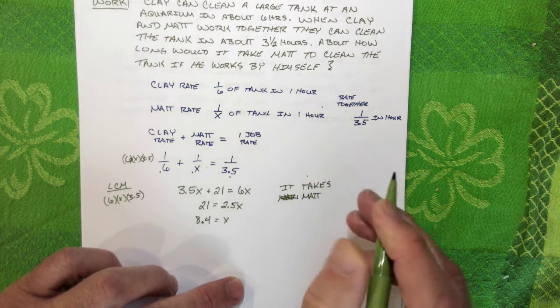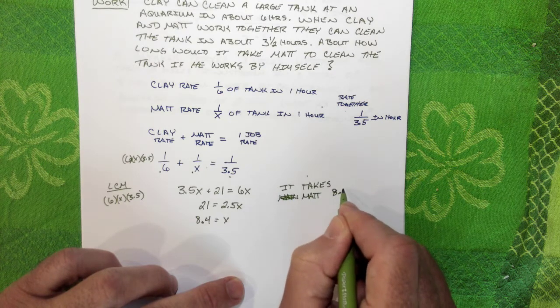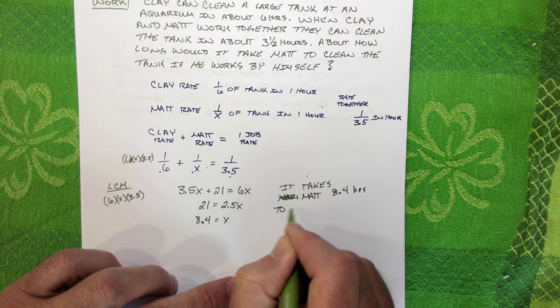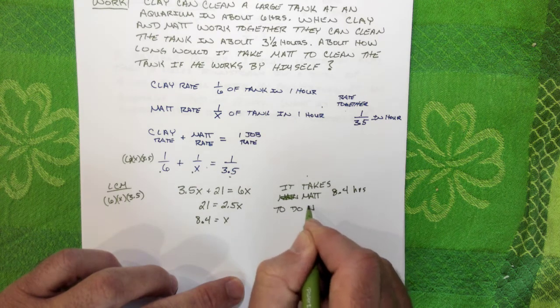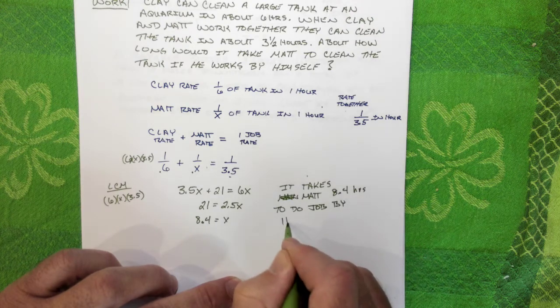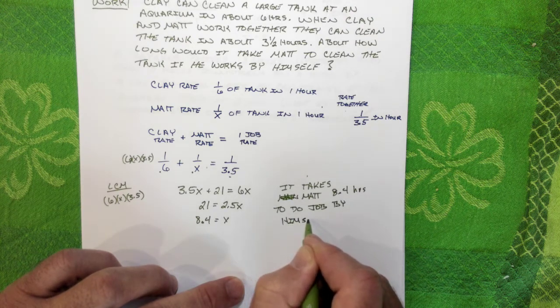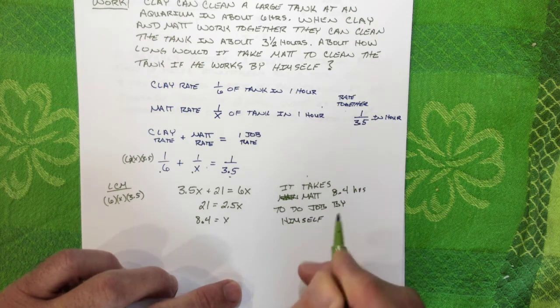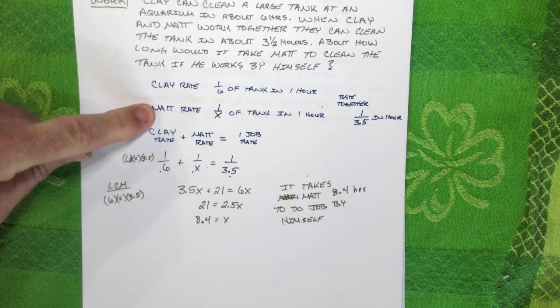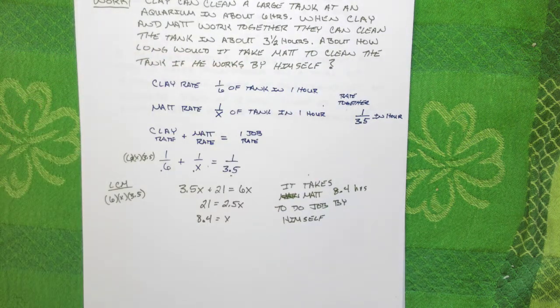It takes Matt 8.4 hours to do the job by himself. So Clay, 6 hours. Matt, 8.4. They work together to get it done in 3.5 hours.